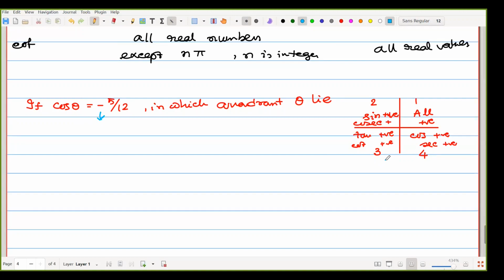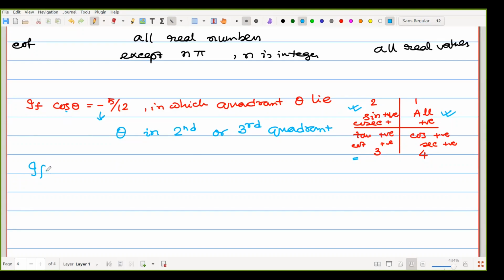So negative is possible where? In the second quadrant the cos may be negative, in the third quadrant cos may be negative. Check, in the first quadrant all are positive, so cosine must be positive. In the fourth quadrant cosine or sec must be positive, so theta may lie in the second or third quadrant.